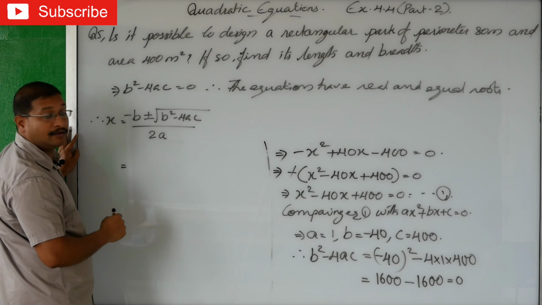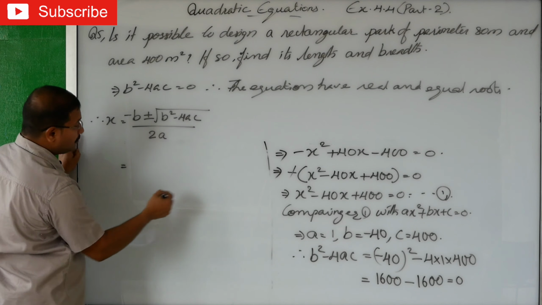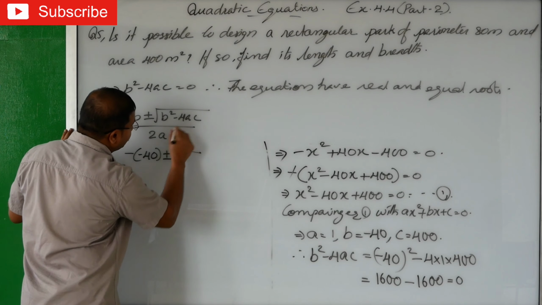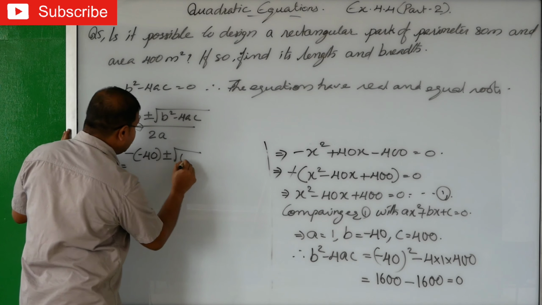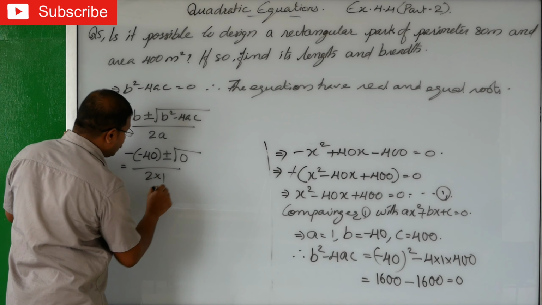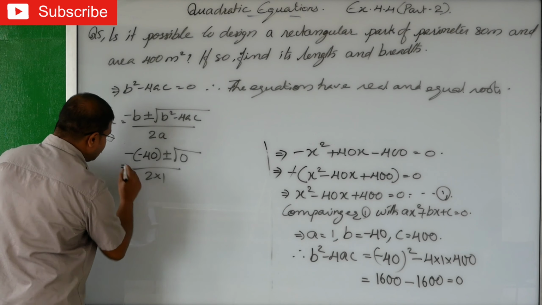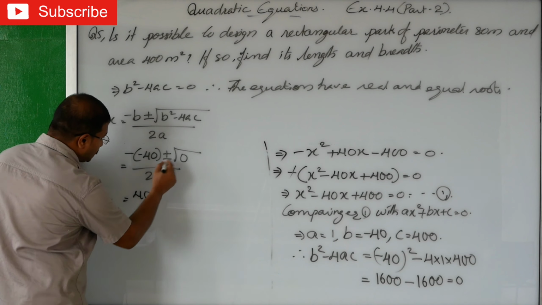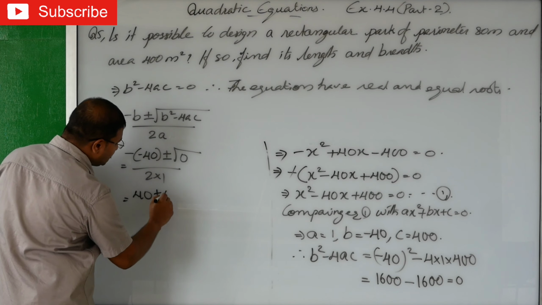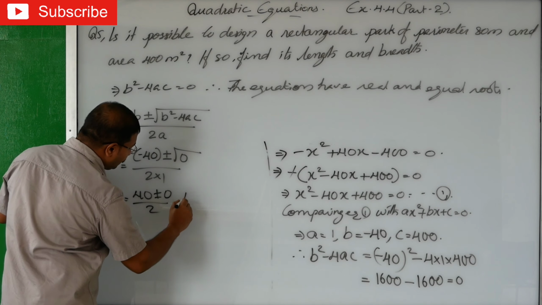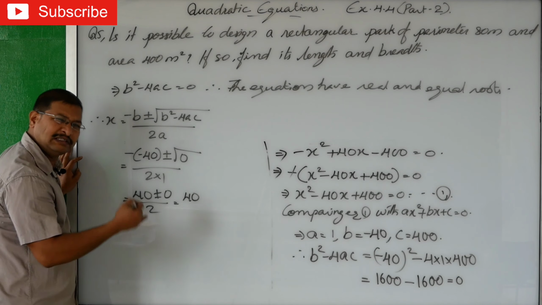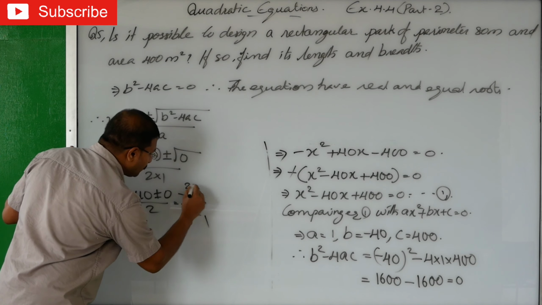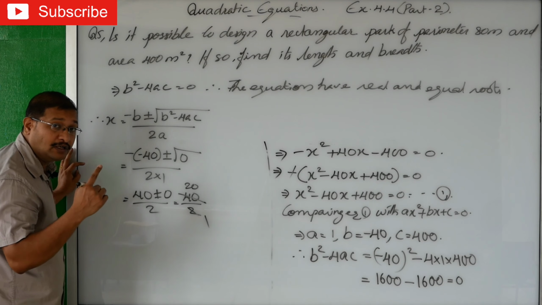The value of b is minus 40, so 40 plus or minus root of 0, since b square minus 4ac is 0, divided by 2 into a which is 1. That means we get 40 plus or minus 0 by 2. No need for the plus or minus. That means 40 by 2, 2 twos are 4. You are going to get x equals 20.